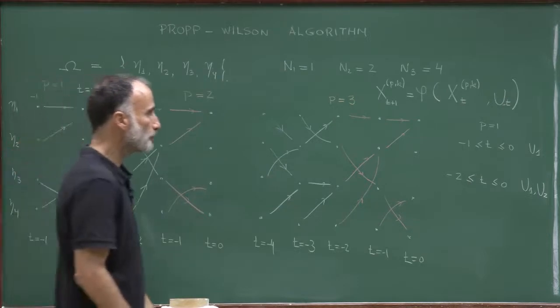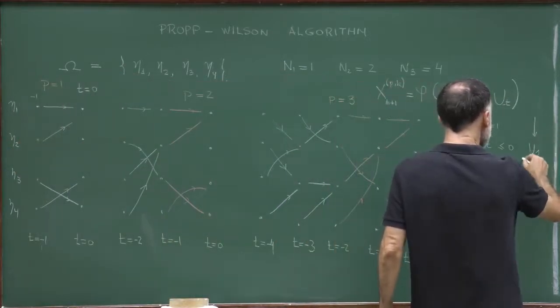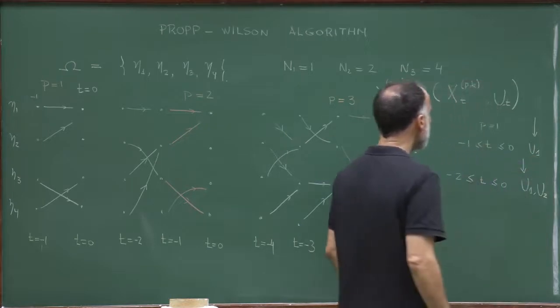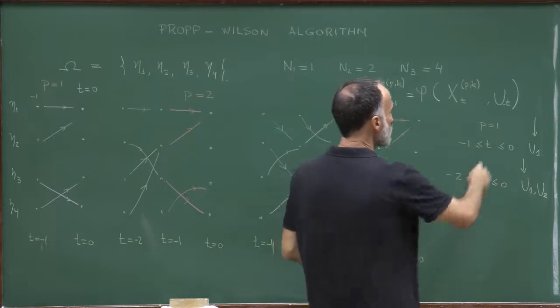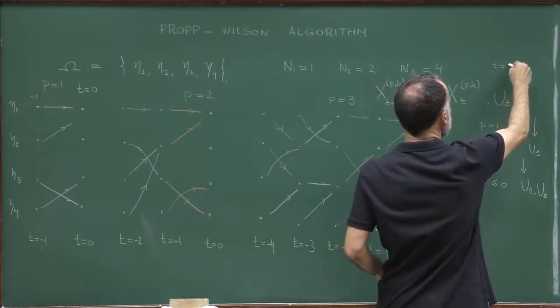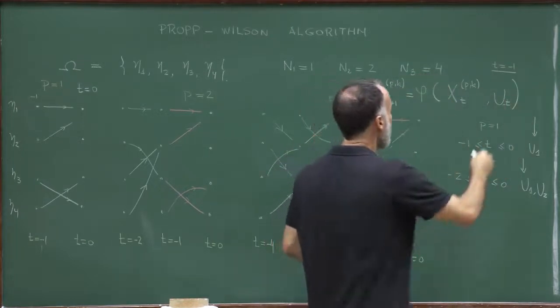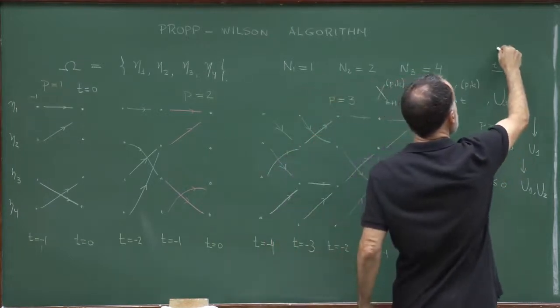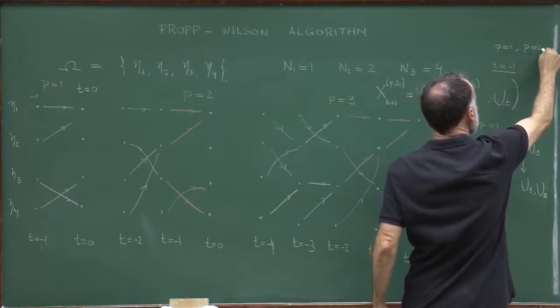But mind, I'm using the same random variable u1 to go from time minus 1 to time 0. So if I take here t equal to minus 1 in this equation, I'm using the same variable for p equal to 1 and for p equal to 2.